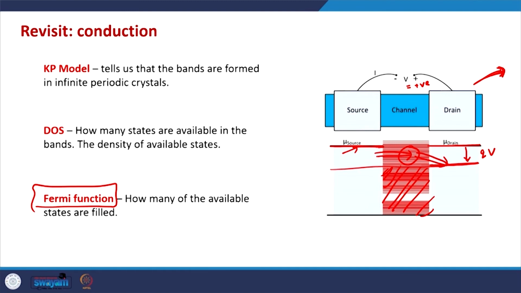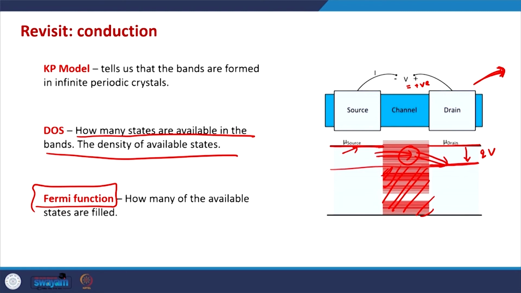With the density of states we could see how many allowed electronic states are available in the solids, especially in the conduction band, or we can also deduce the number of available electronic states in the valence band as well.